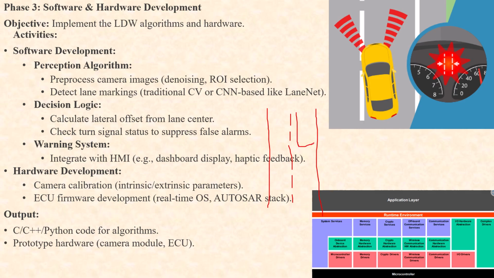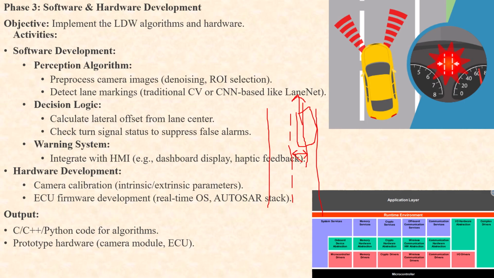For example, this is your car which is going in this direction. And this is the center line of the car. This is called the offset. So based on this offset, the eccentricity, the decision will come into the picture. I mean, how close it should be to the lane before the lane departure warning begins to warn the driver.